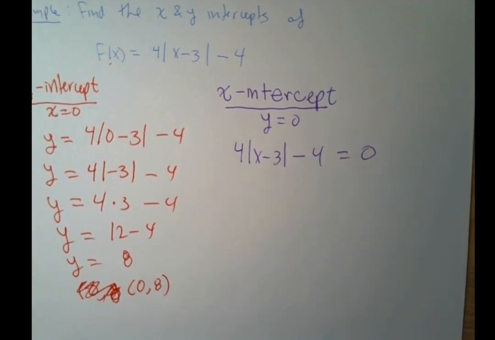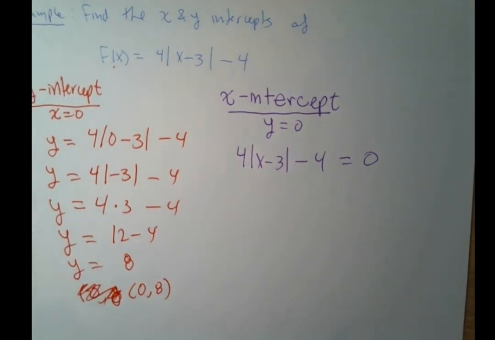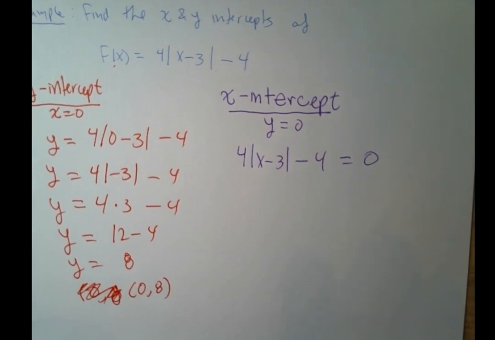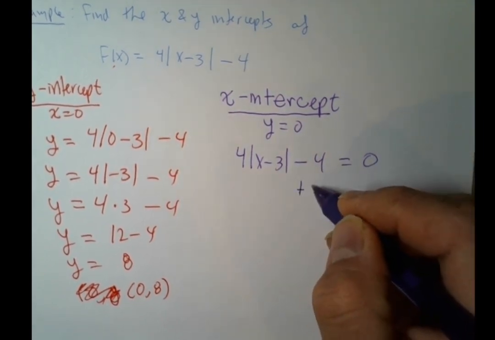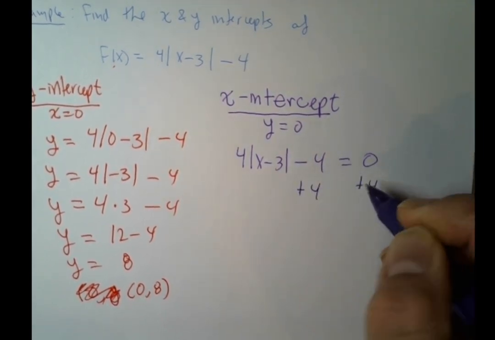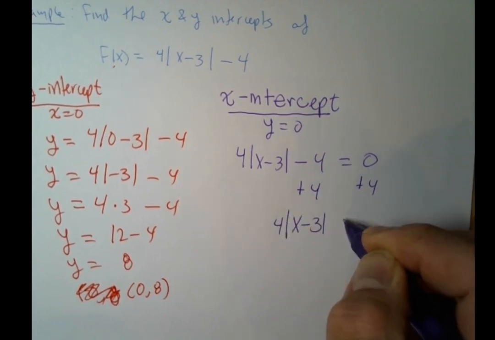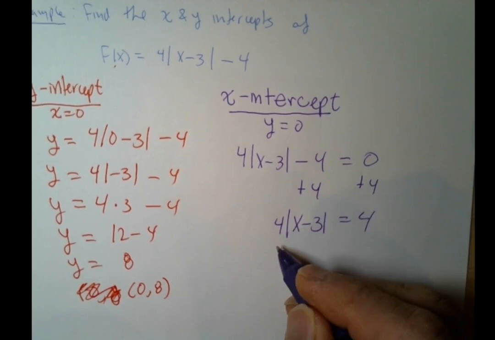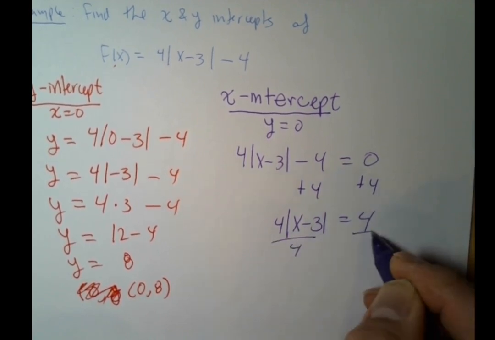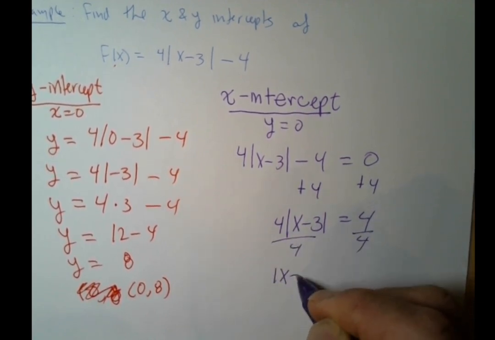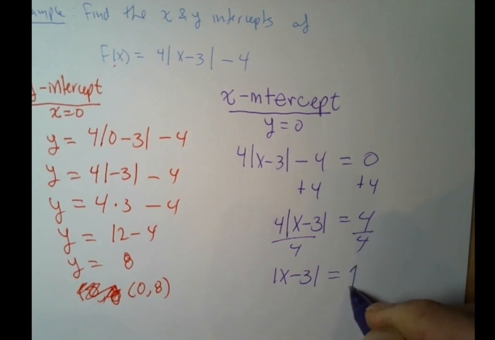My goal is to have the absolute value expression on one side of the equation and every other number on the opposite side. So here I'm going to start by adding 4 to both sides. Divide by 4.